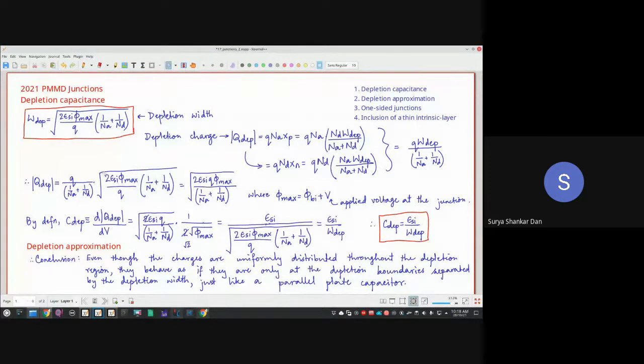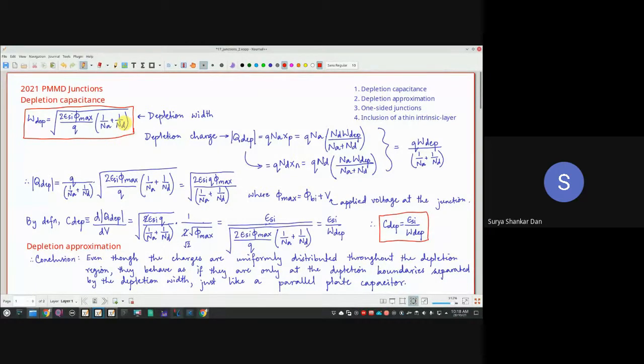Now, very important to note here is that the depletion capacitance has nothing to do with the operating frequency. If you have a diode or any junction anywhere in the device, you are always going to have some depletion capacitance that is fundamentally available because of the doping on the two sides of the junction.